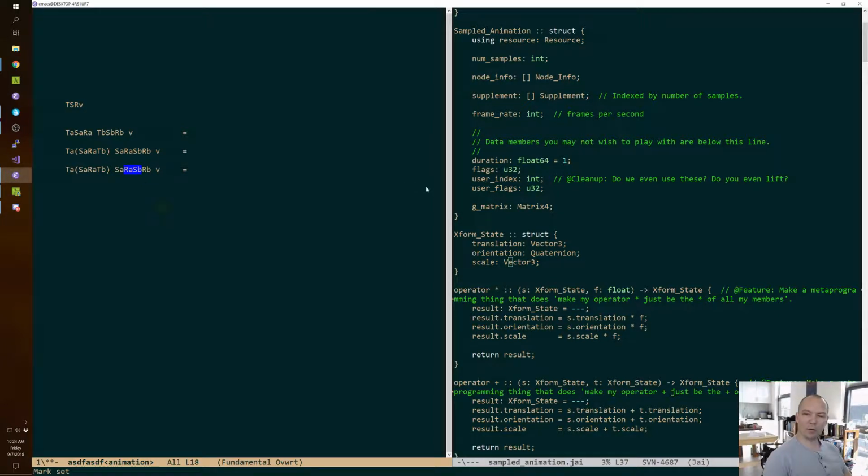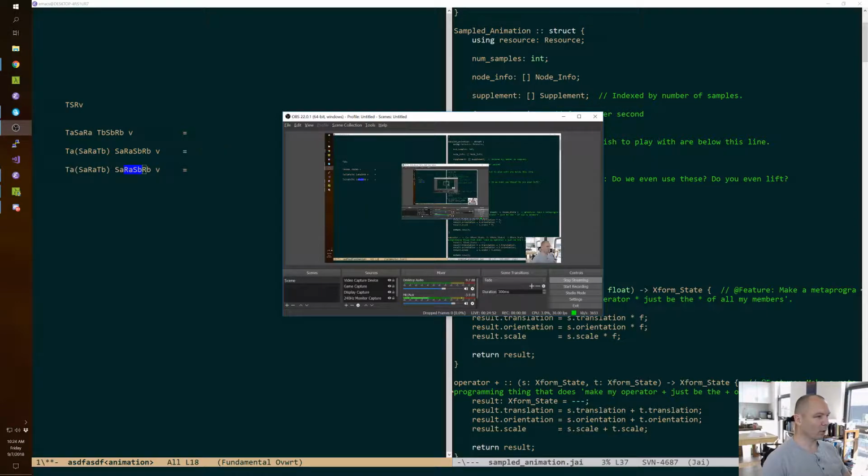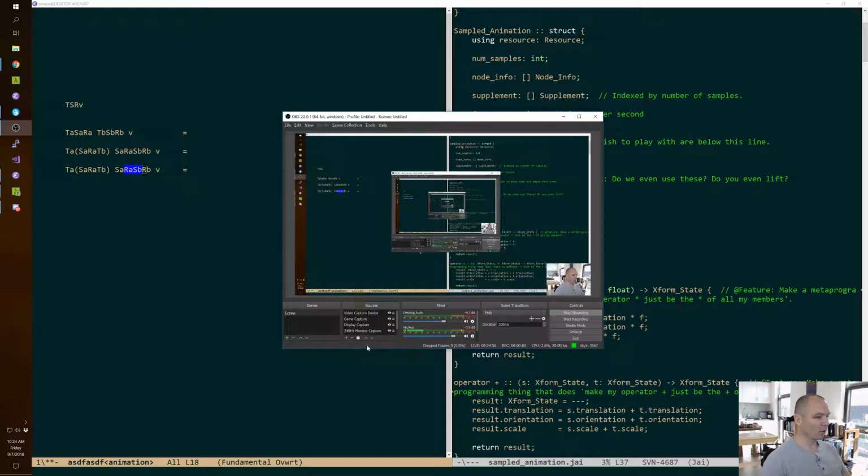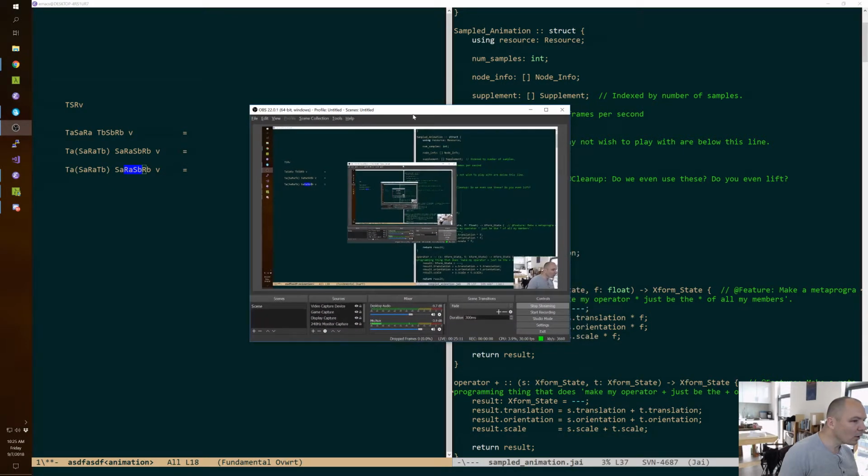By the way, is my eye tracker visible? It kind of was not visible for a while. I can't really tell. I don't see it on the stream. This is weird. Oh, it's there, I guess? Is it?